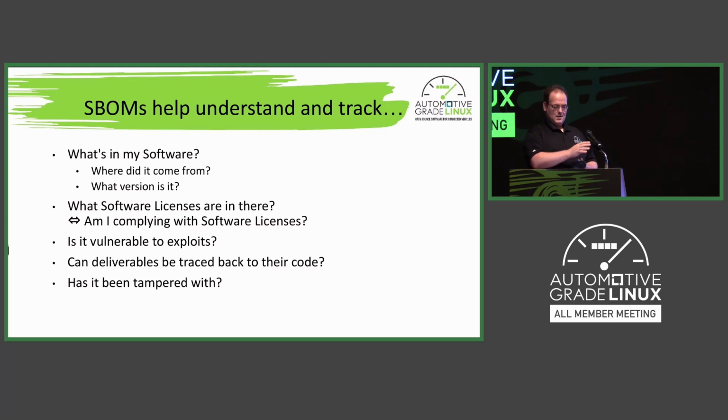To some extent, we can do that because we can then use the hashes that are embedded in the SBOM and say, wait a minute, this binary on the target has not the same hash, right? So we could even say, there has been something tampered with.